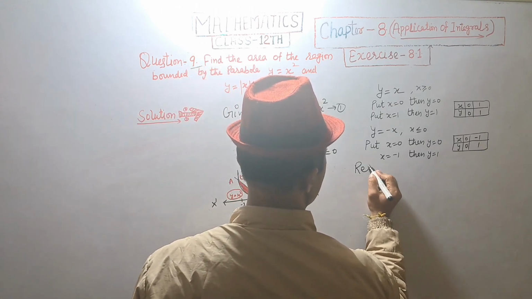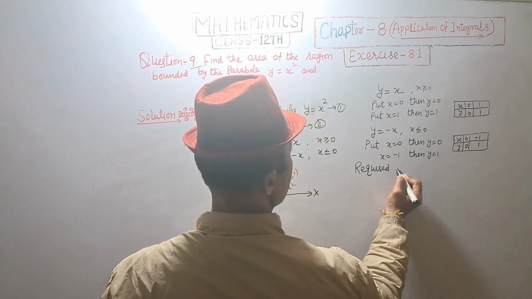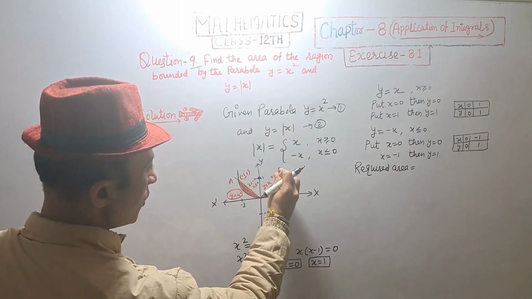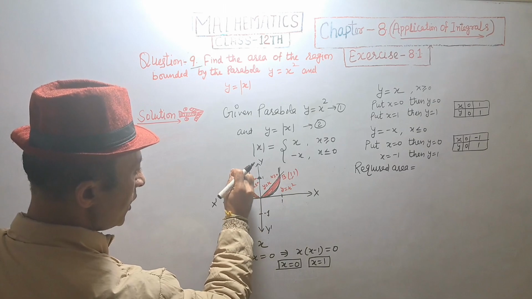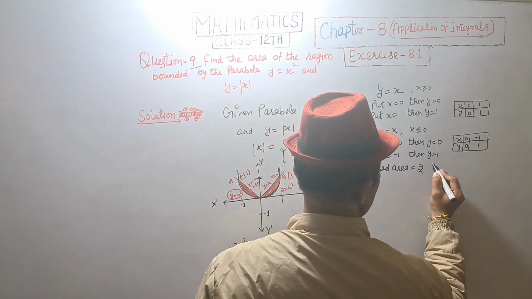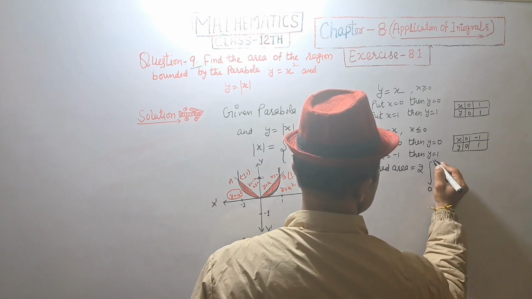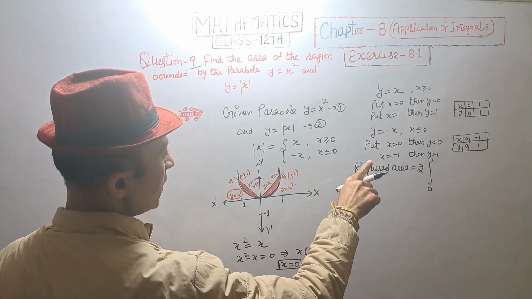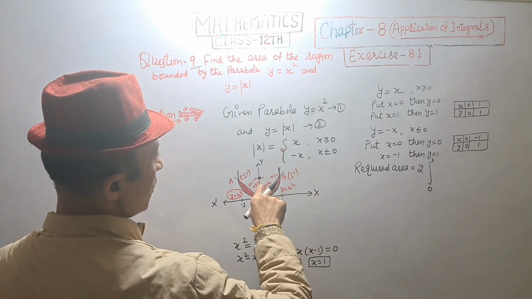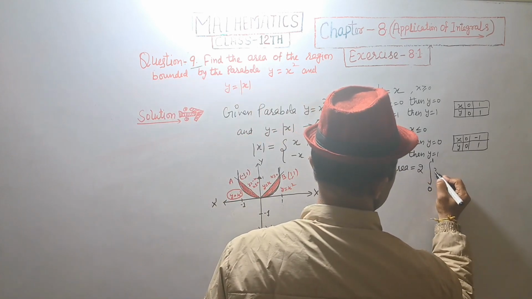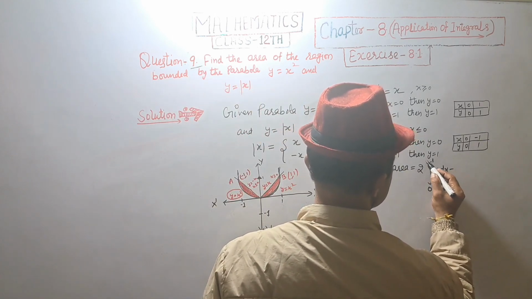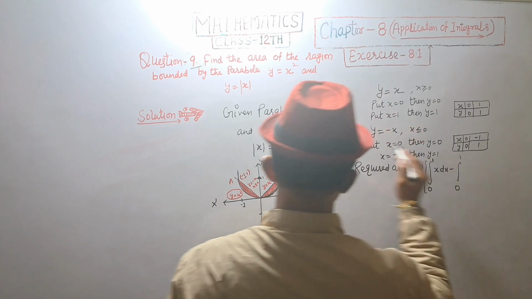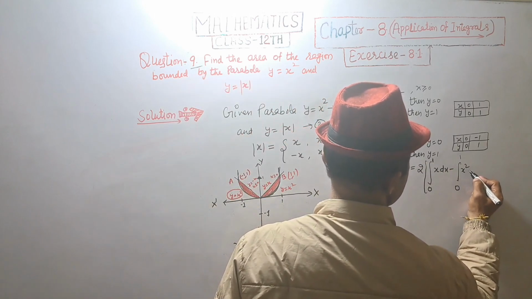Required area is equal to, first quadrant, 2 times integration of 0 to 1, limit lies between 0 to 1, y that is equal to x dx minus integration of 0 to 1 y equal to x square dx.